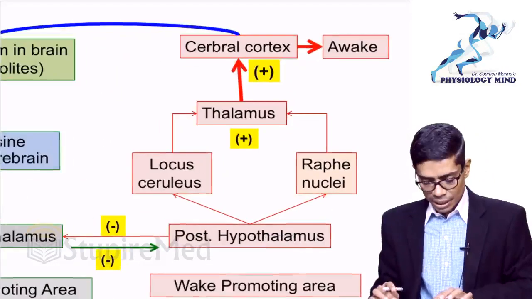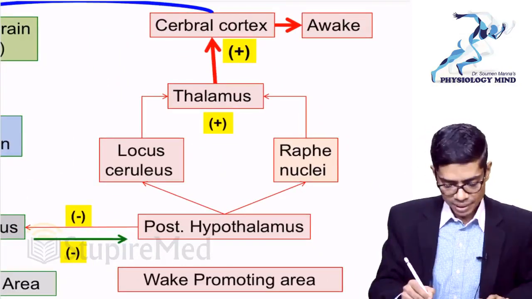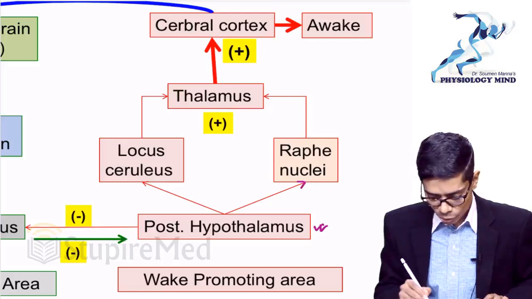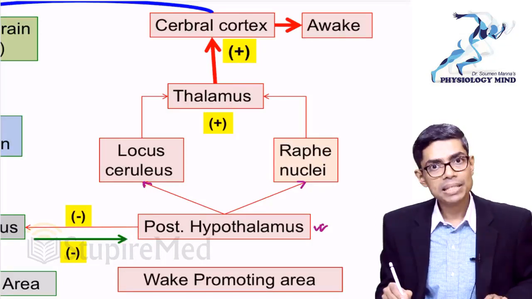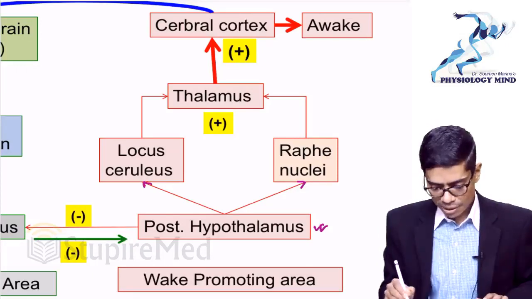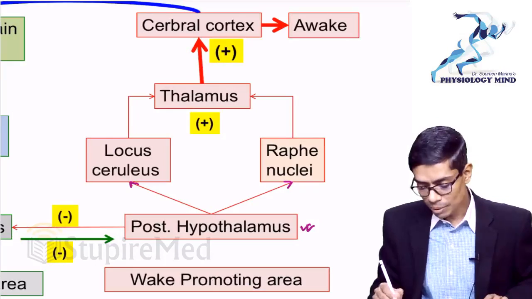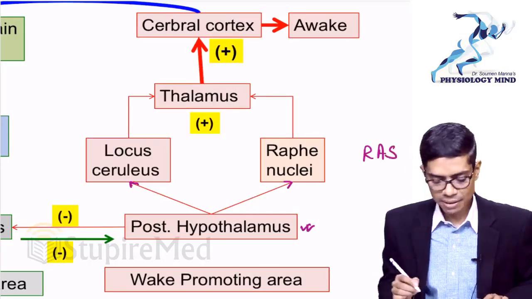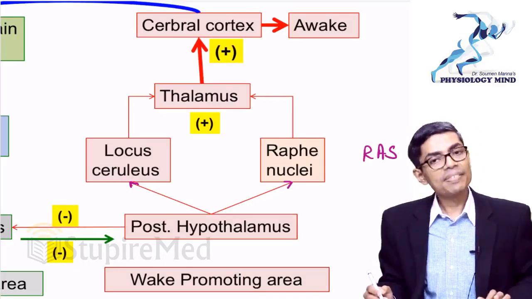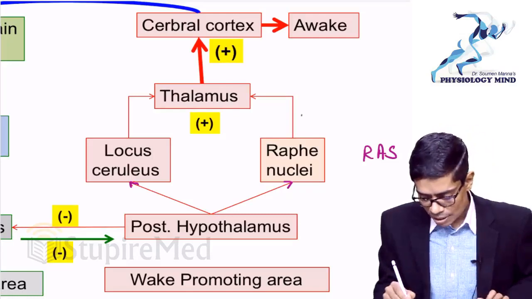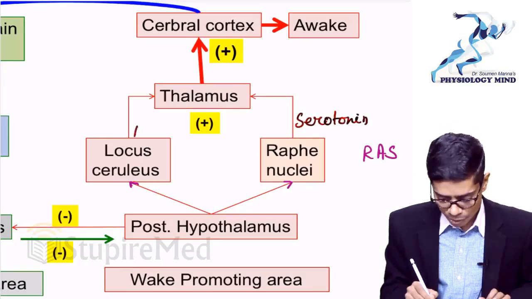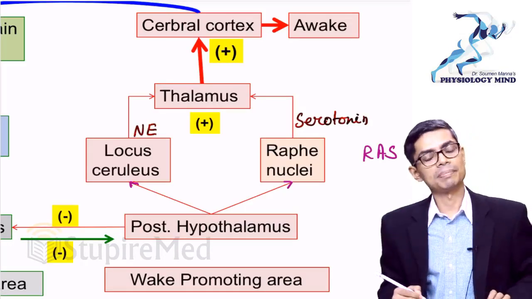So whenever your wake promoting area, the posterior hypothalamus, is active, it sends signals to two nuclei: the Raphe nucleus and the locus coeruleus. These two nuclei are part of the reticular activating system, or ascending reticular system. The Raphe nucleus produces the neurotransmitter serotonin, and the locus coeruleus produces norepinephrine.